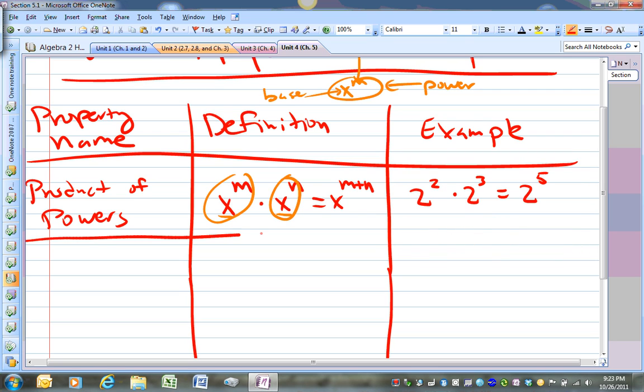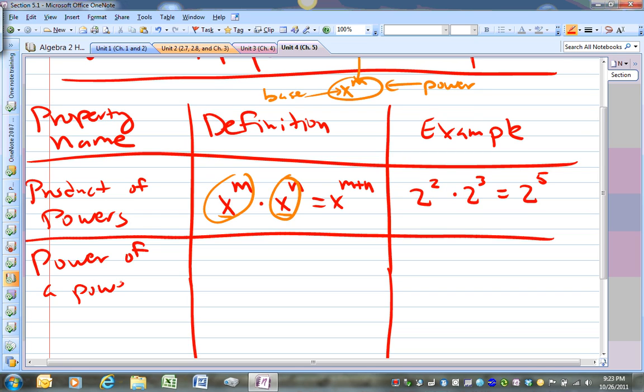For the next one, that will be called power of a power. So here I have a power, x to the m, and say I raise that to the nth power. That's going to equal x to the mn. So if that's the case, we're allowed to multiply the exponents.